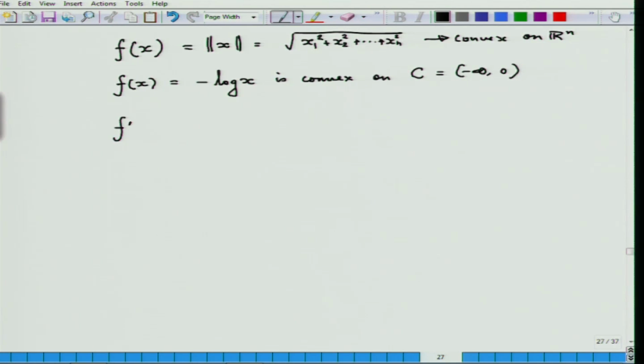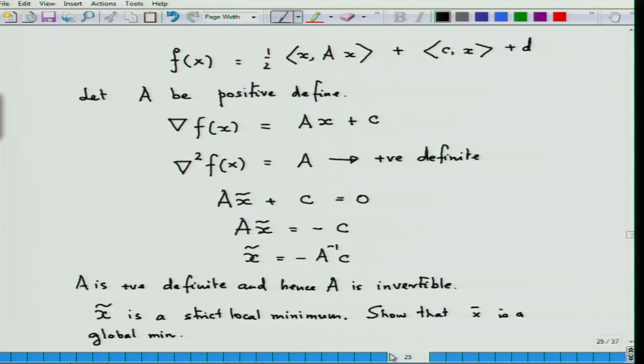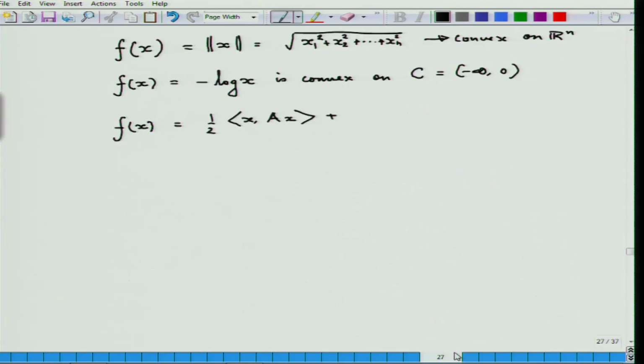Another convex function, the same form, f of x equal to x transpose A x plus c x plus d, is convex on Rn if A is positive semi definite.